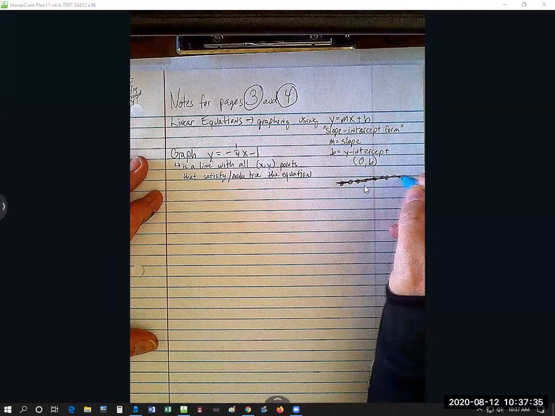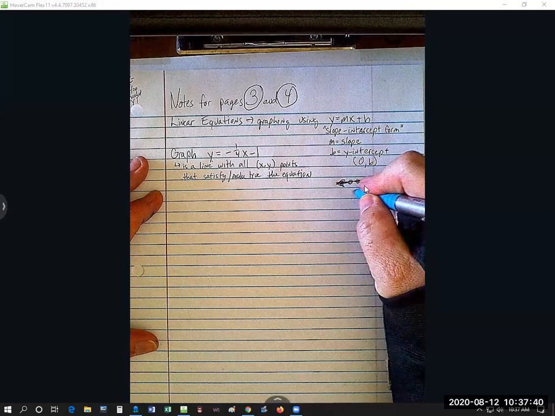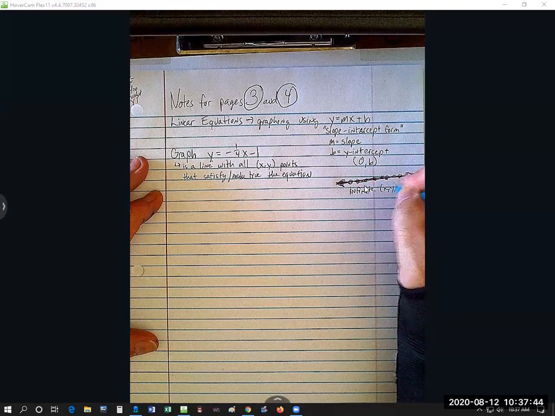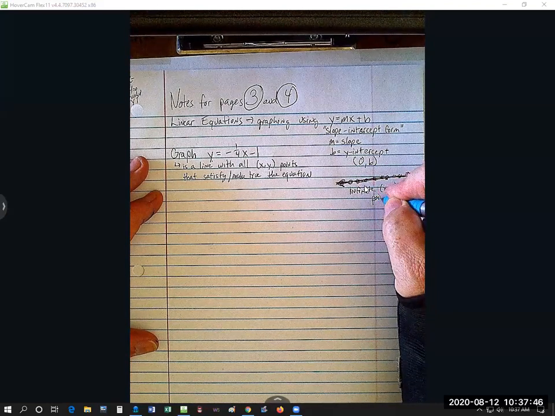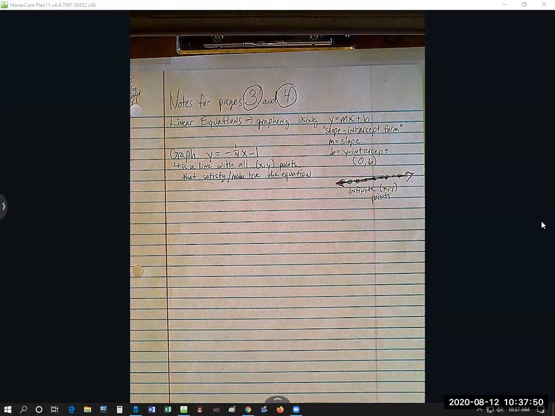I could not possibly put a dot on every single point. So there are infinite xy combinations. There's infinite points on that line. So we're only going to need a few of them to make the whole line, which is awesome.